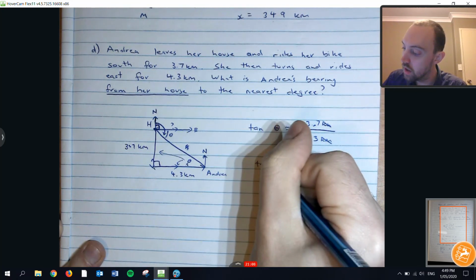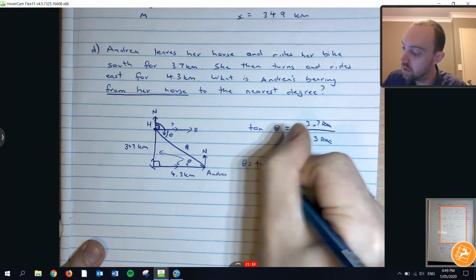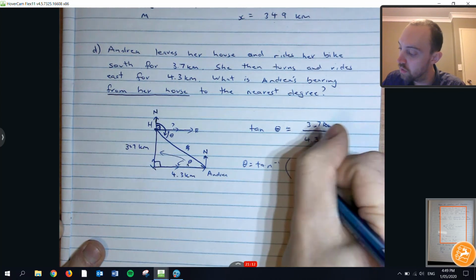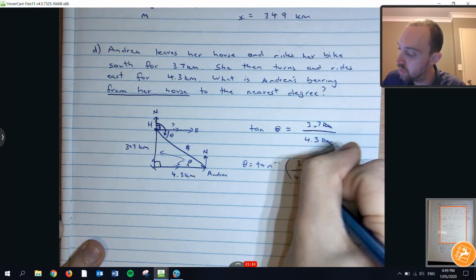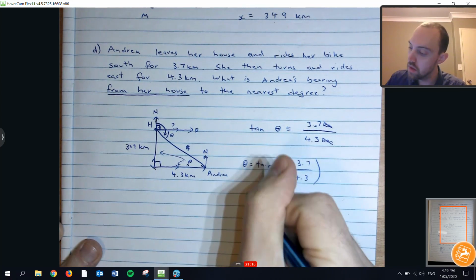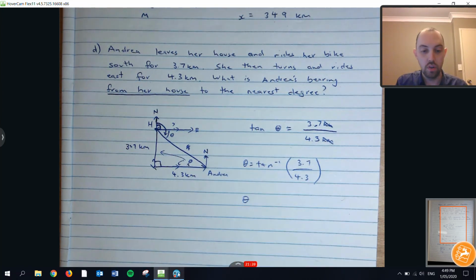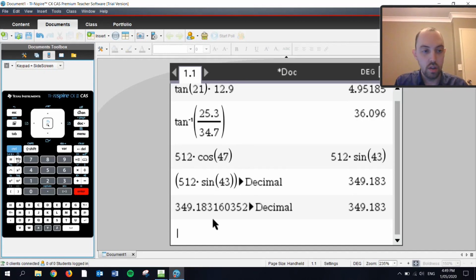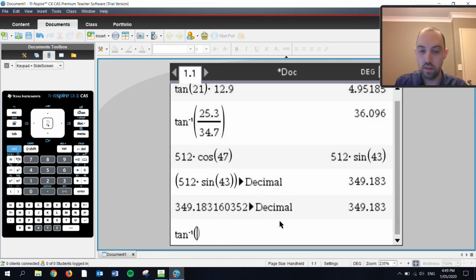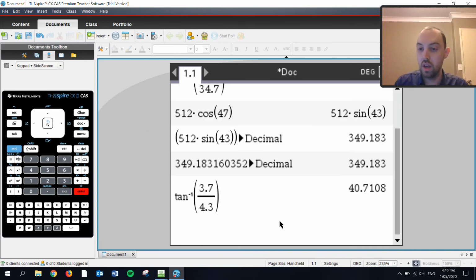Making theta equal to tan to the negative 1 of 3.7 over 4.3. We only need to go to the nearest degree, so tan to the negative 1 of 3.7 divided by 4.3, and we get approximately 41 degrees.